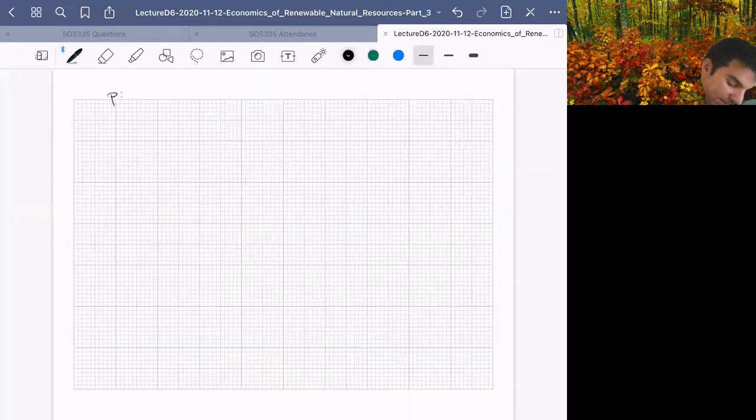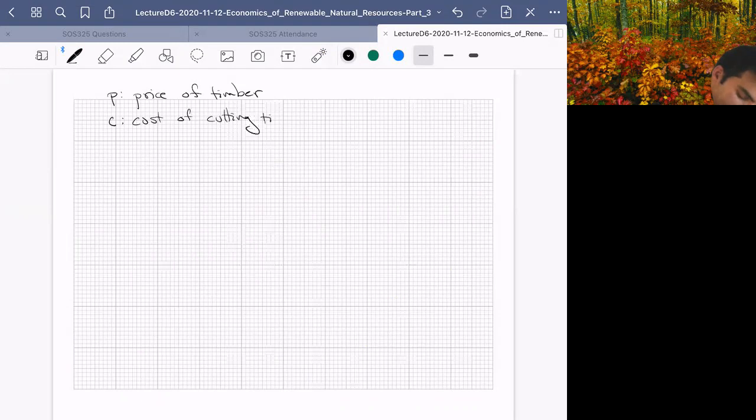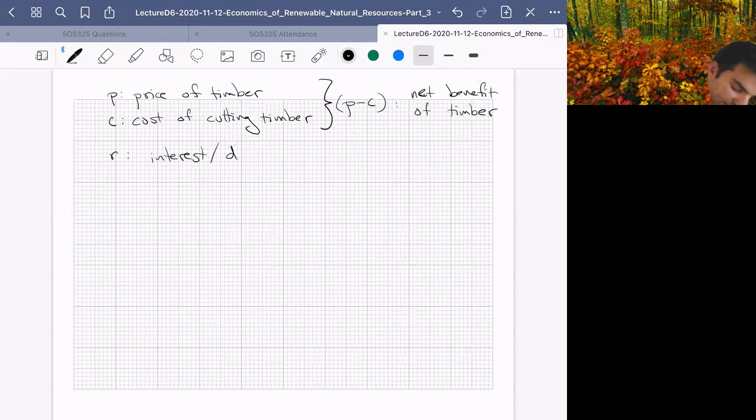So P is the price of timber. C is the cost of cutting timber. And so P minus C is the net benefit of timber. And then we have R, of course, is our interest rate or discount rate.